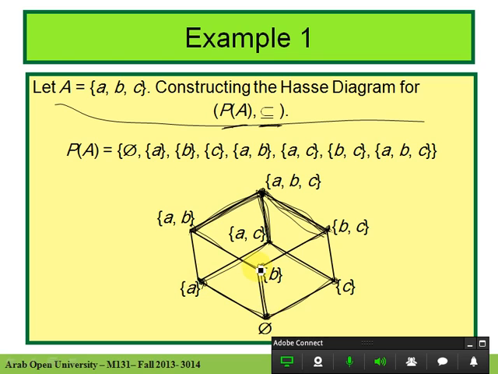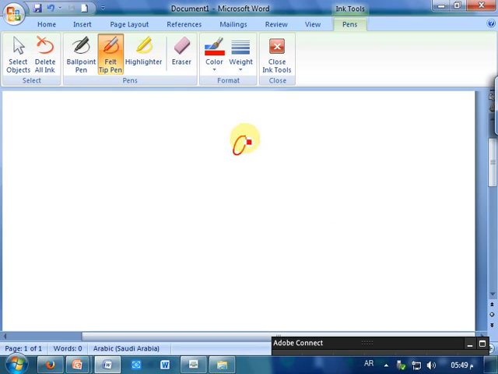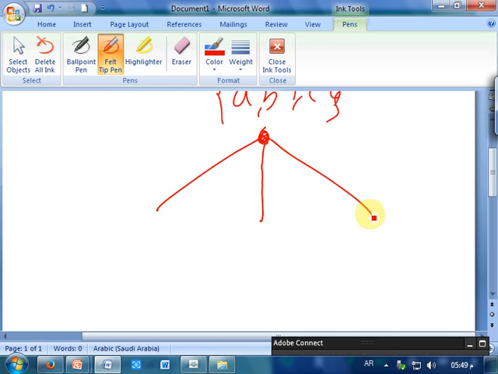Also, they have a relation with AB, A comma B. A comma B is going this way. And C is going this way with B comma C. You have to draw the minimal diagram. First you take ABC. Now you have 3, that is AB, BC and AC.